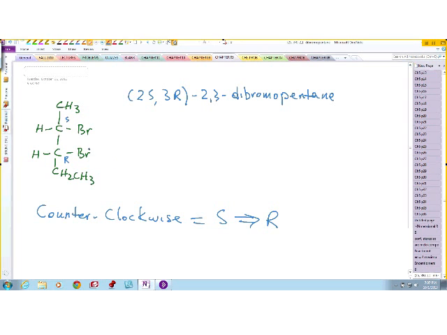Now, what if I ask you, what will be the name of the enantiomer of this molecule? Exactly. The name of the enantiomer will be 2R, because it has to be opposite, 3S-2,3-dibromopentane, and that will be this molecule here. That will be the mirror image of this.